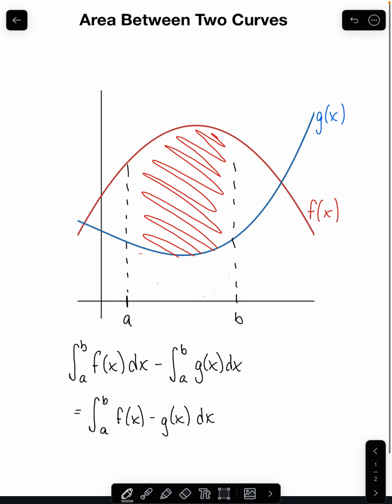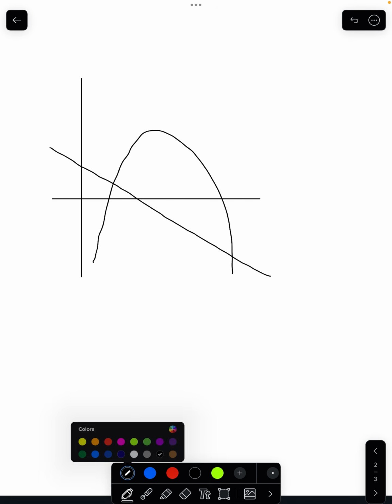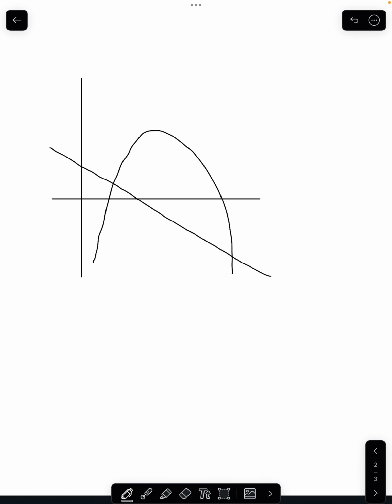In the case of a region that is partially above and partially below the x-axis, for example, suppose we have a parabola f of x and a linear function g of x.